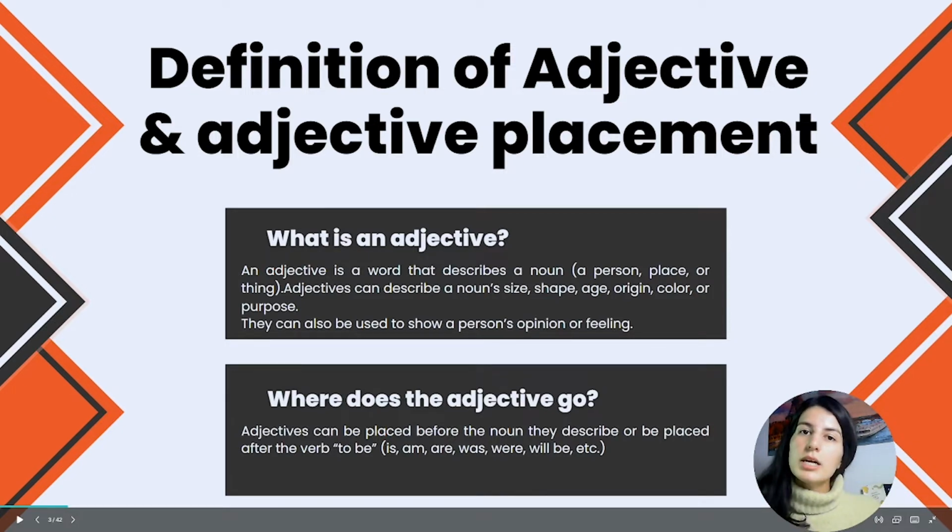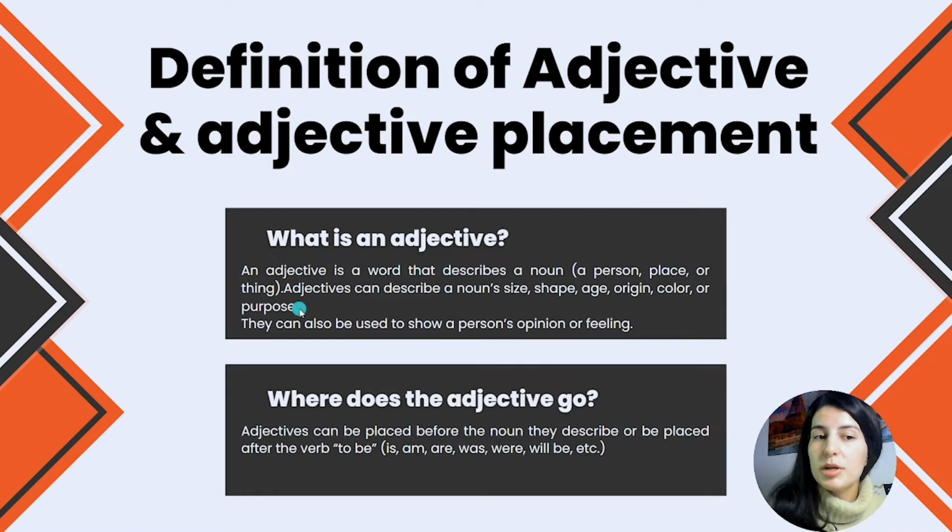So anything I use as a description of a person, a place, a thing, an animal, anything that I can say about those substantives is considered an adjective. Right? We can talk about the size, the shape, the age, the origin, the color, or the purpose of something.